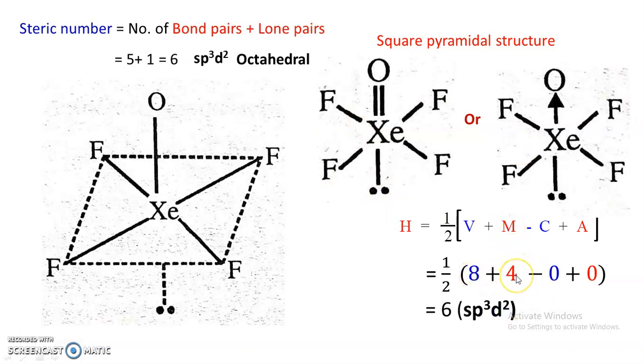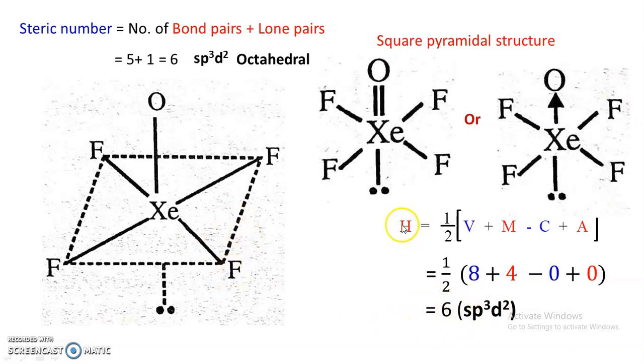So 8 plus 4, that is 12 by 2, that is equal to 6. It means the value of H, that is hybrid orbitals or steric number, it is 6. The corresponding hybridization is sp3d2, and here the possible structure is octahedron.